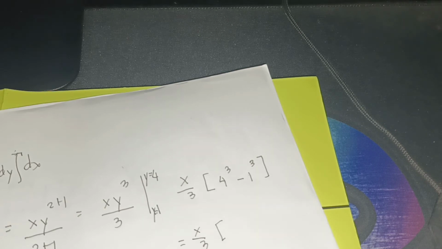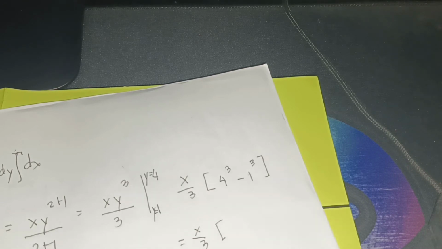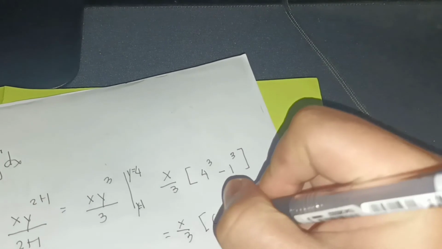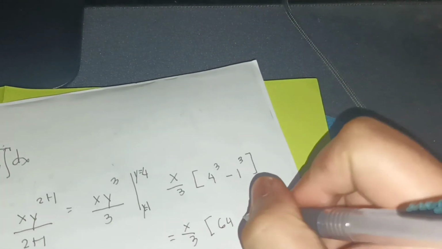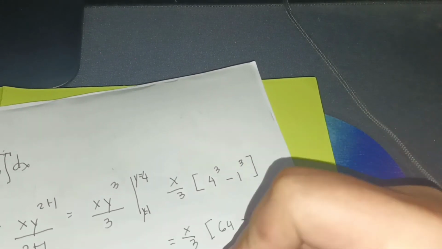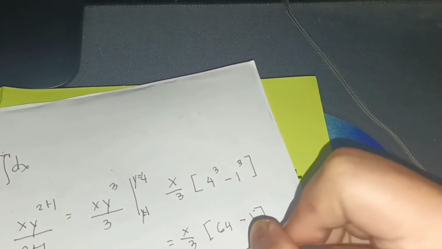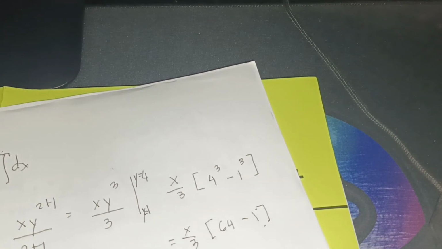If you calculate it, wait for a few seconds, I'm about to calculate it now. 4 cubed, I actually forgot it's already 64. My bad. And then just minus 1, which will become 63. Equals 63. 4 times 4 is 16, times 4 is 64.